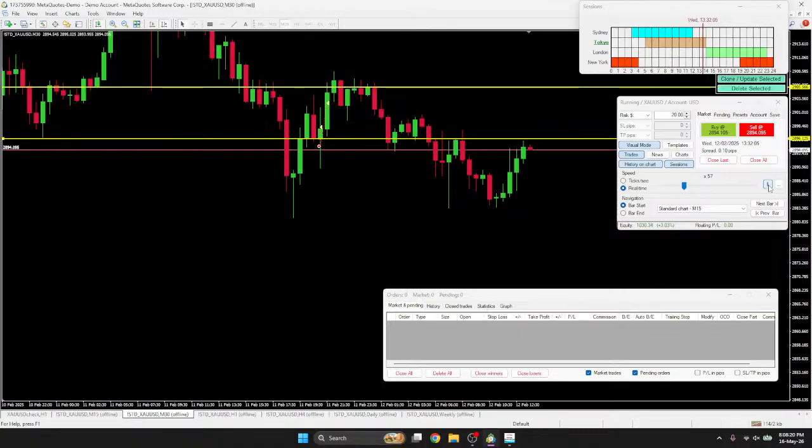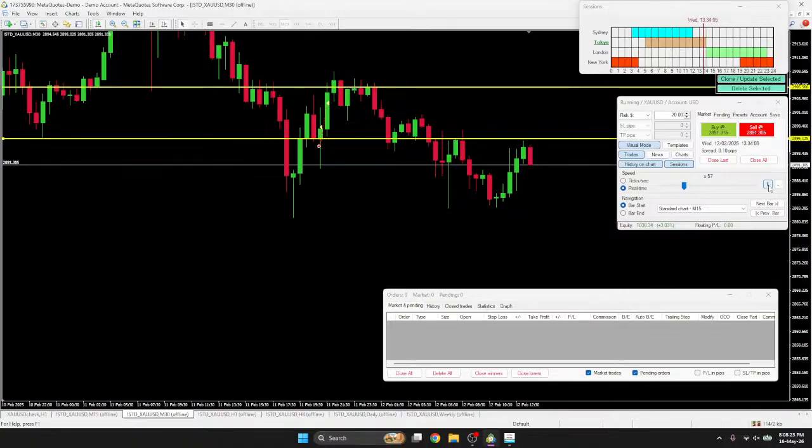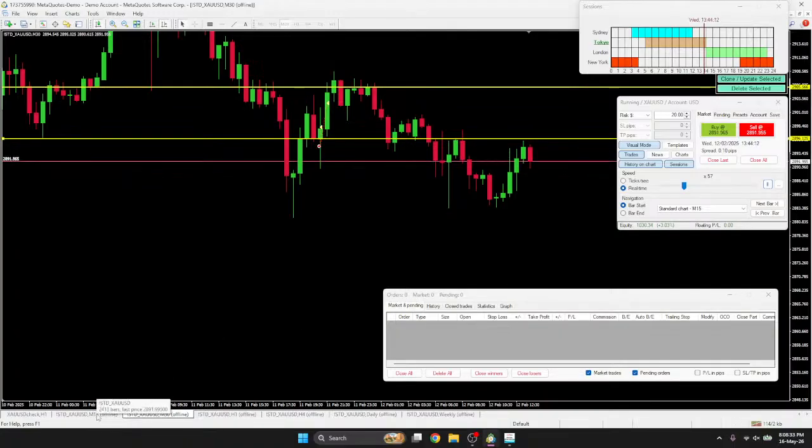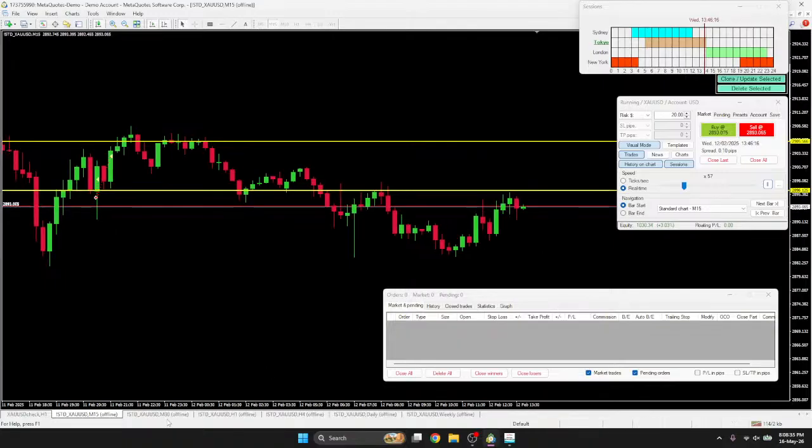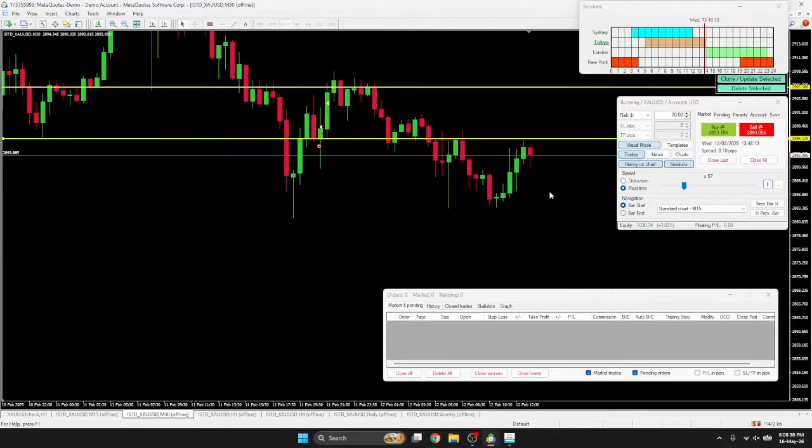Okay, 30-minute closed strong bullish, no problem. This candle should close. Waiting for current candle to close. 15-minute candle close bearish. Waiting for this 30-minute candle to close.